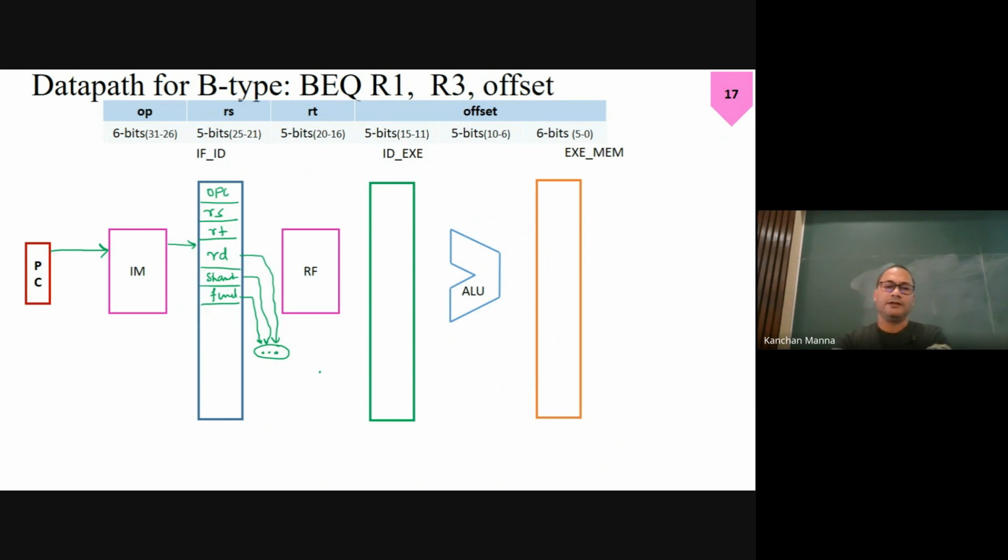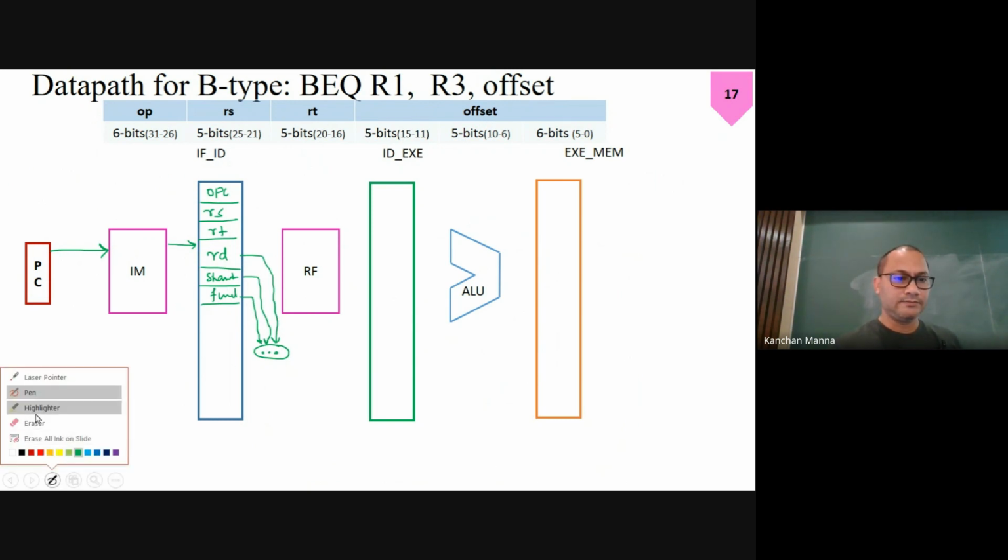Also, the offset is stored in RD. We can directly store it, but we want to optimize at the same time. We have allocated RD as shift amount and func field earlier. Can you reuse them? The question is that we are using them, right?